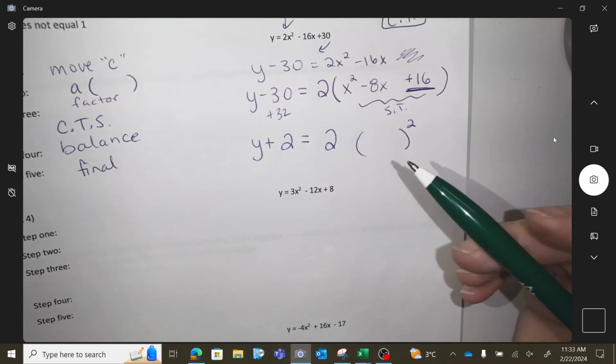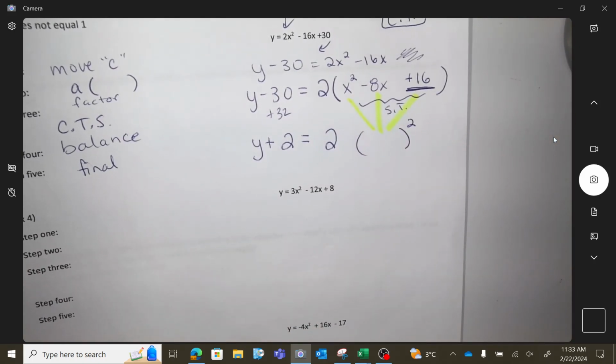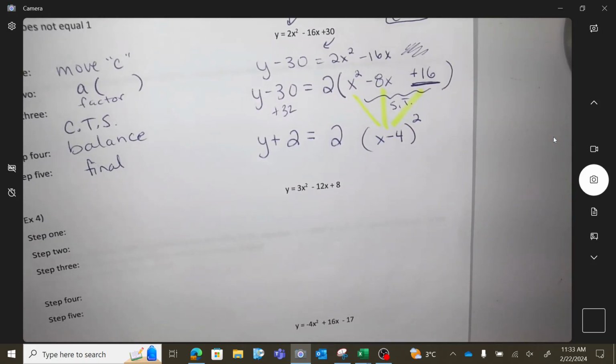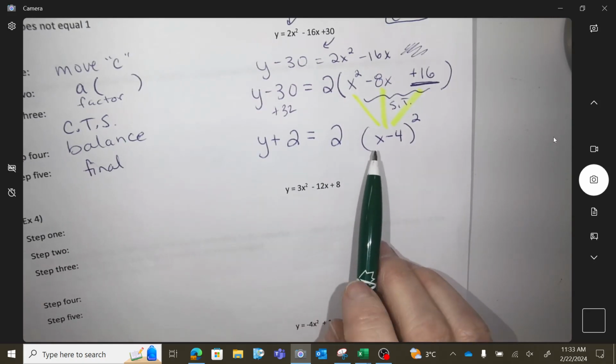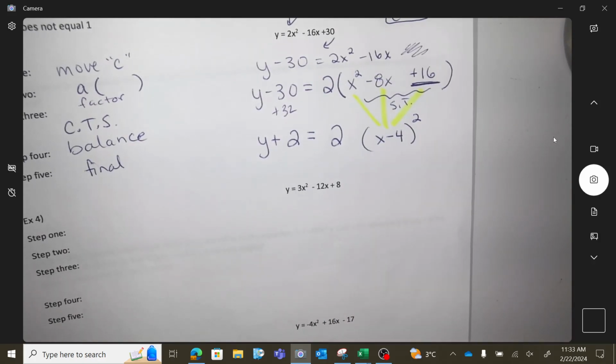So what's going to square to make that trinomial? You see all the components of this foiling it out? Foiling out makes that, adds squares.